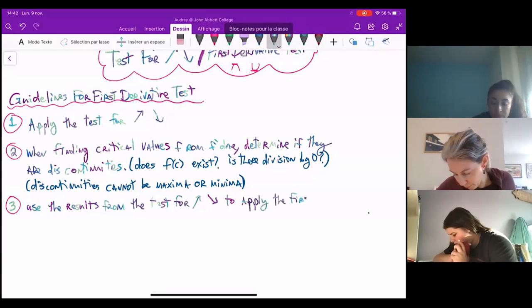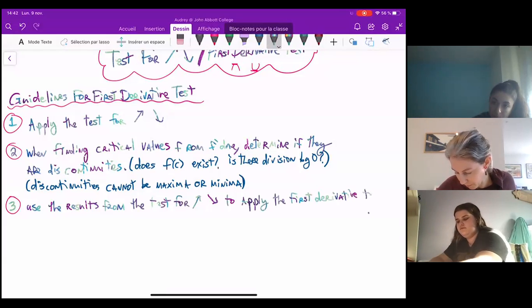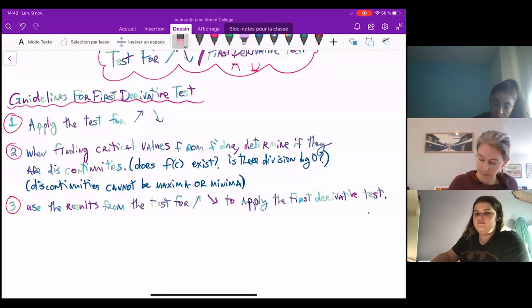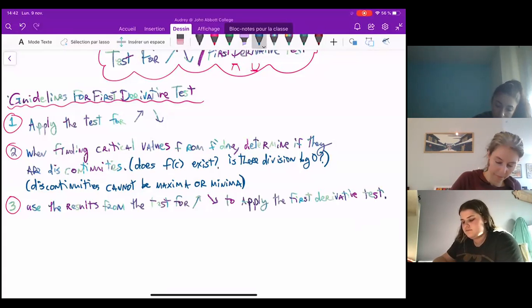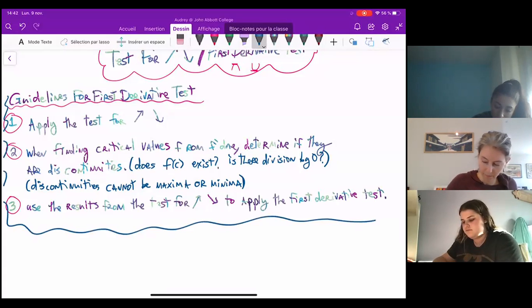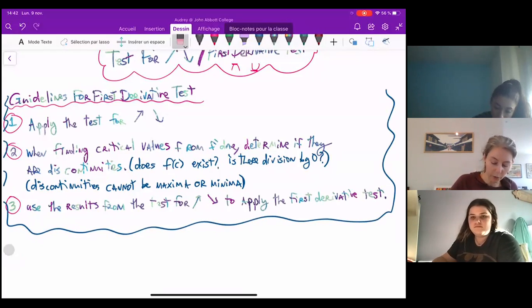To apply the first derivative test, I'm going to write down the example, and as soon as you have the example written down, let me know and we will work through it together.